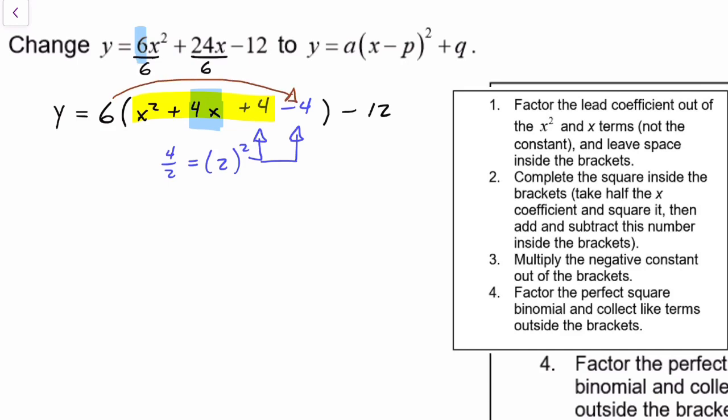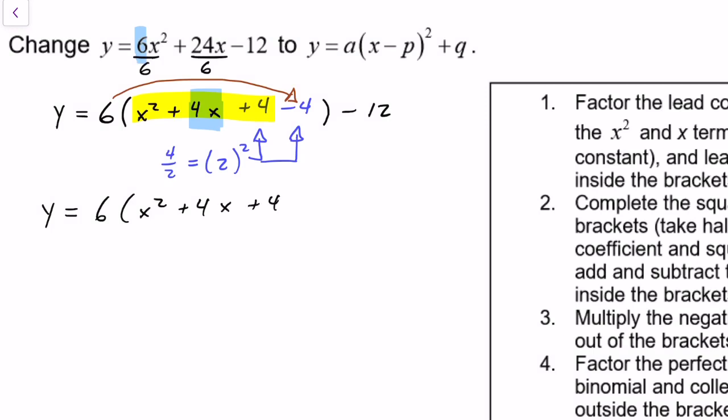So this is going to become y equals 6(x squared plus 4x plus 4) minus 6 times 4 is 24, minus 12. So this 24 is the 6 times 4.